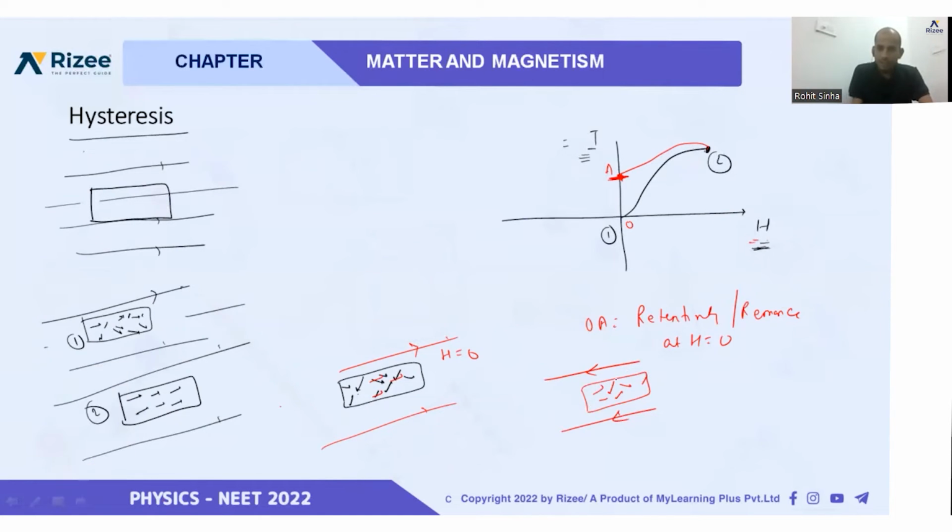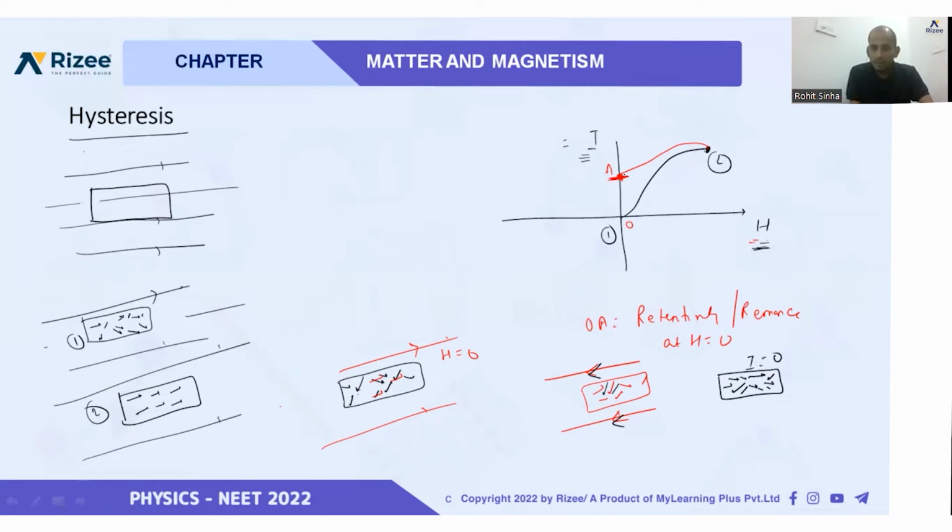We are decreasing it and we have also changed the direction. This will get more and more disturbed. After some time their magnetization will get diminished. No magnetization will remain. All will become random and the magnetic property will become 0.